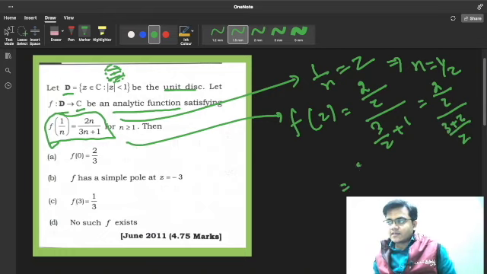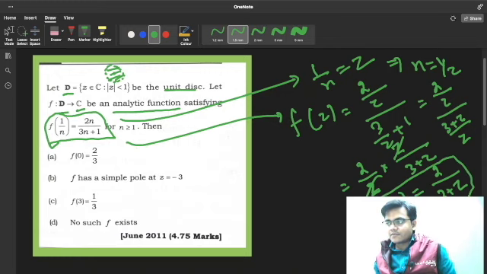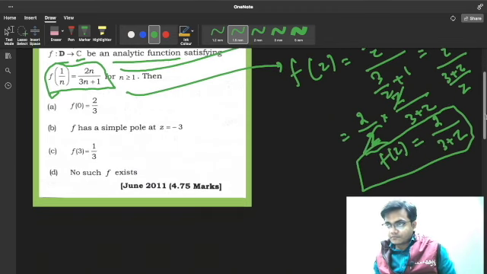So this is nothing but 2 by z into z by 3 plus z. The z and z will cancel and we will see our f of z as 2 by 3 plus z. So this will be our f of z, right?